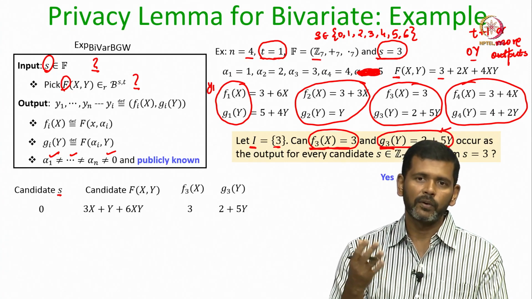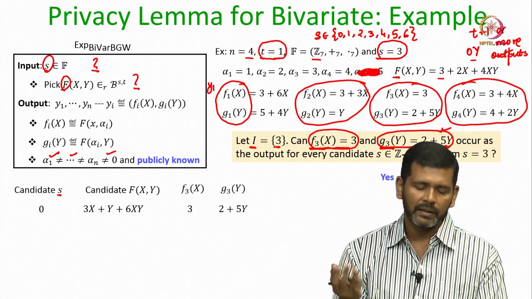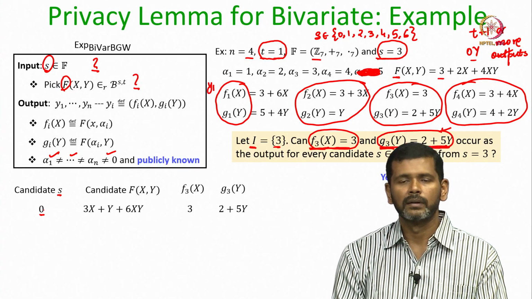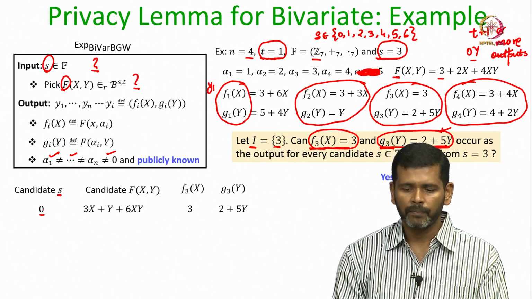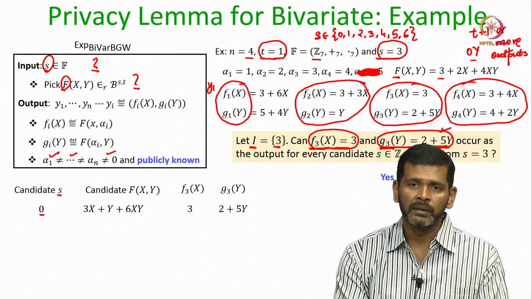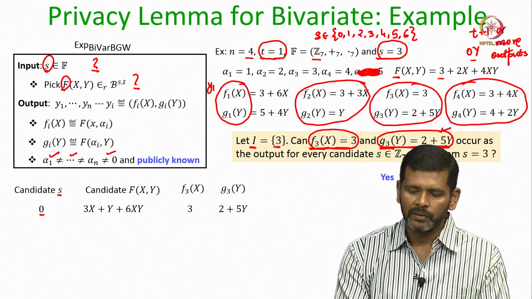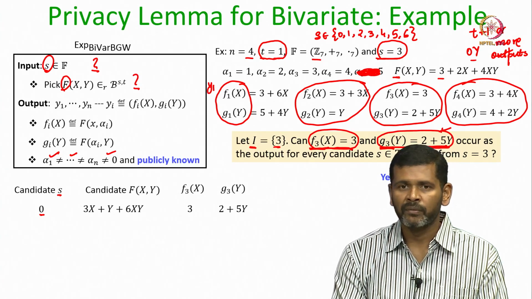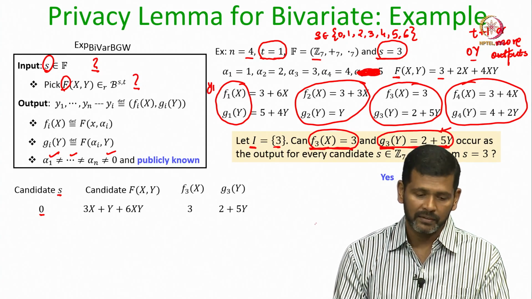Now, you might try to calculate: is it the case that I have run the experiment with input being 0, such that the third row and the third column polynomials in that run will be the polynomials 3 and 2 plus 5y respectively? The answer is yes.